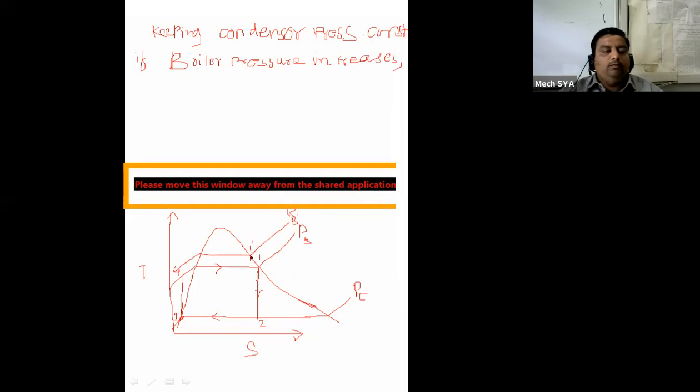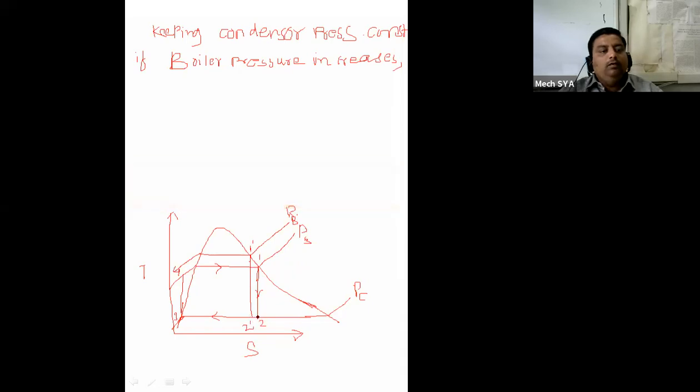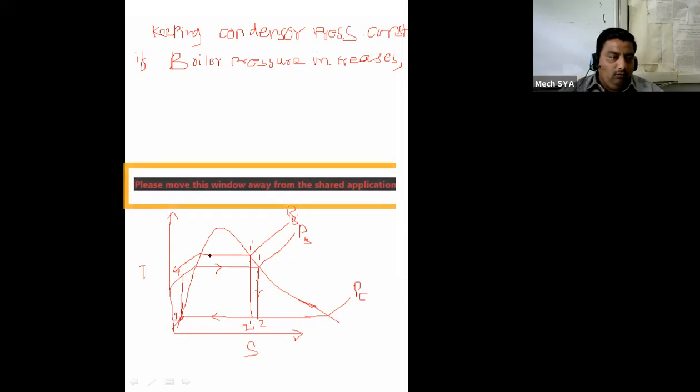Point number 1 will shift to 1 dash, and 2 will also shift to 2 dash because the change is there. 3 will remain the same, no problem, but 4 will be at the new boiler pressure, not here. It is 4 here, and this will be 4 dash.